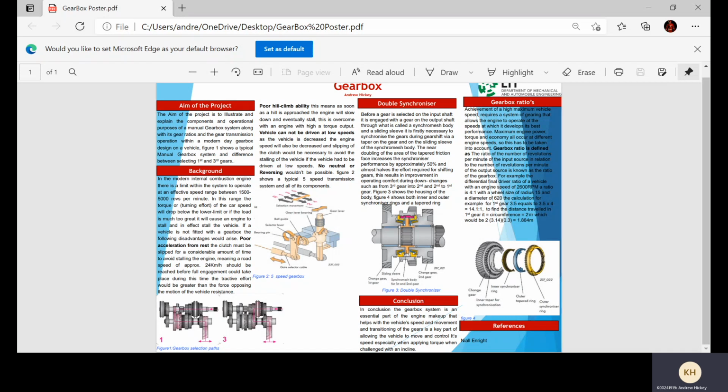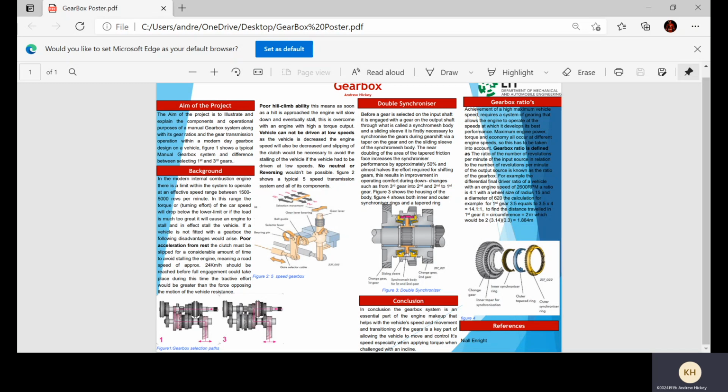The double synchronizer then tells us before a gear is selected on the input shaft, it is engaged with a gear on the output shaft through what is called the synchro mesh body, and this sliding sleeve is necessary to synchronize the gears during the gear shift via a taper on the gear and on the sliding sleeve of the synchro mesh body.